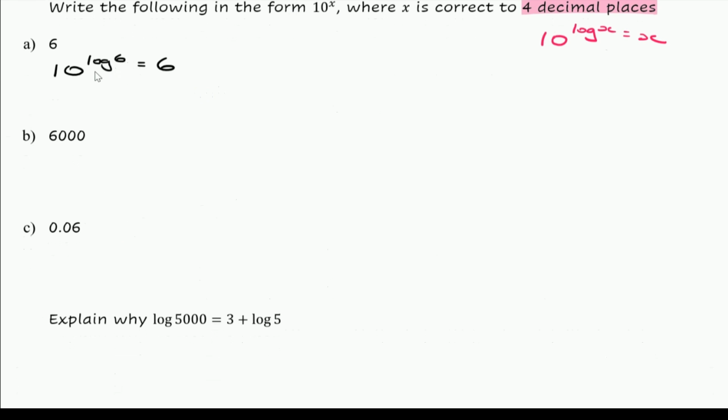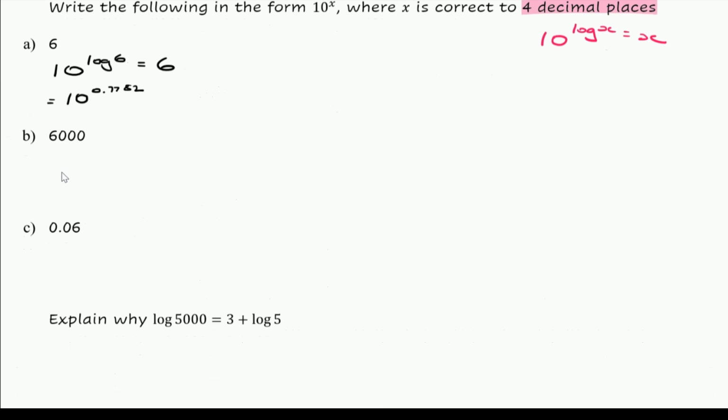So in my calculator, I should have that log 6 is 0.7782. So we can see here that my answer is to 4 decimal places as asked in the question, so that's all I've got to do.